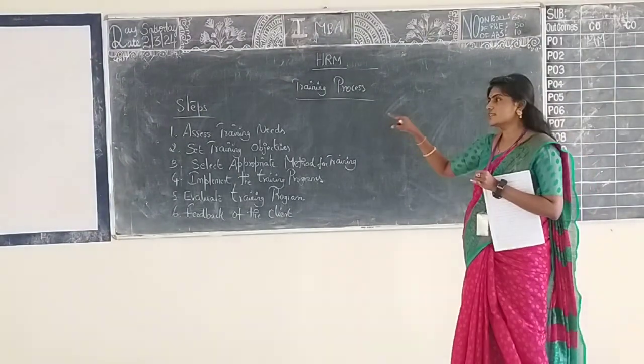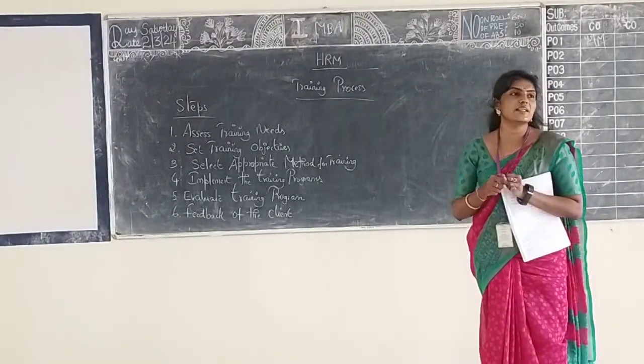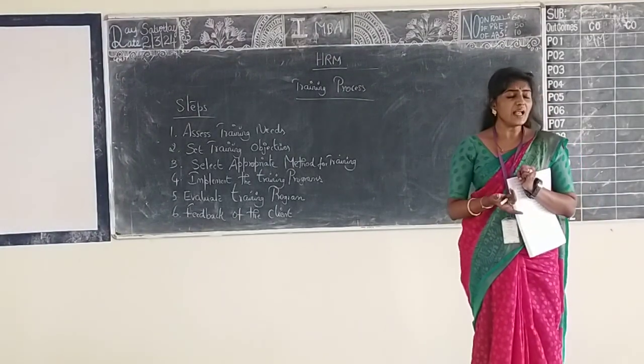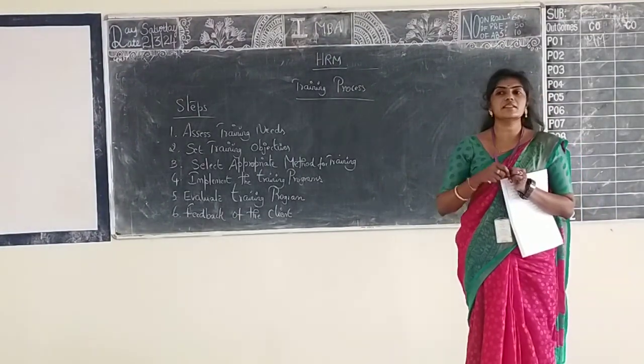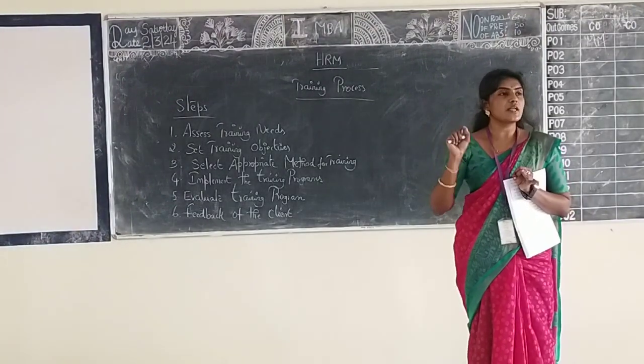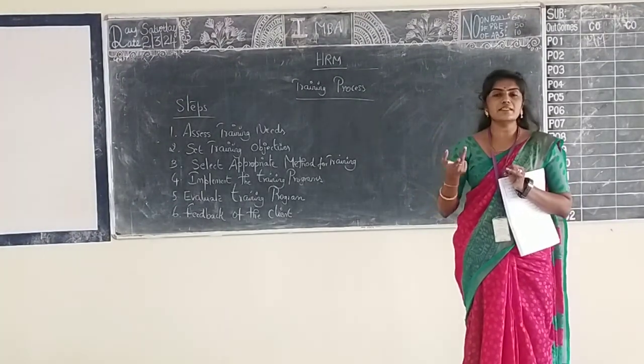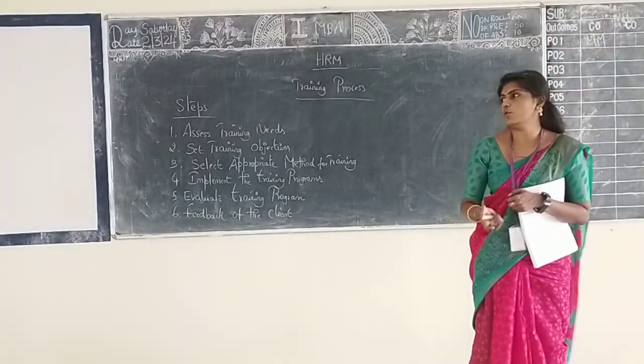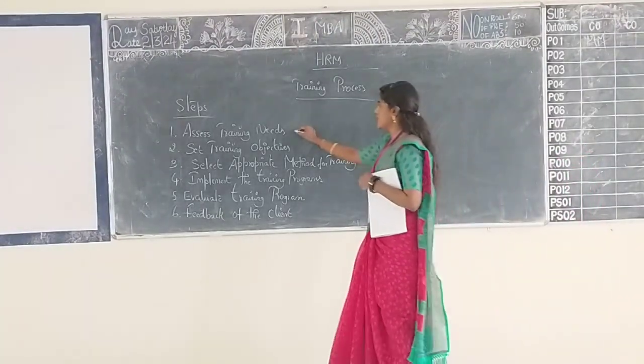That is assessing training needs, based on the actual and the standard performance. You also have to state for what purpose you are conducting this training program, and that you have to invest some amount in it. So that is assessing training needs.